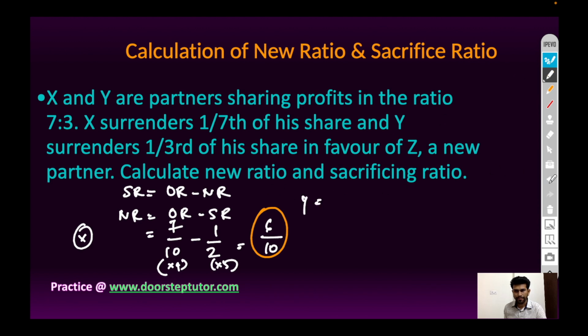Y. Old ratio is 3 by 10 minus sacrifice ratio is 1 by 2. Two by 10.